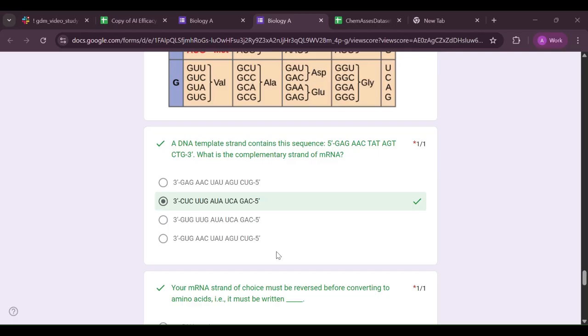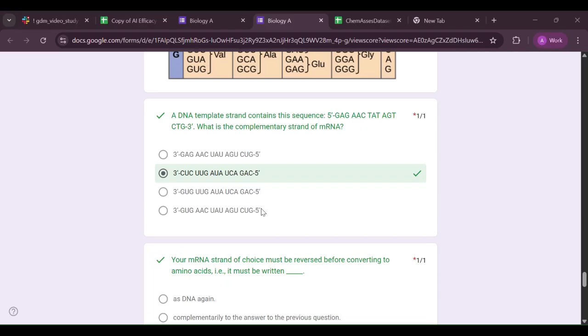What is the complementary strand for mRNA? So we have to go 5' to 3'. 3' is the same in all the cases. G will be connected with C, A will be connected with U, and G will be connected with C. Based on only these three connections, we can conclude that option C is correct, as in all other cases the answer is GUG, which is not correct in this case.